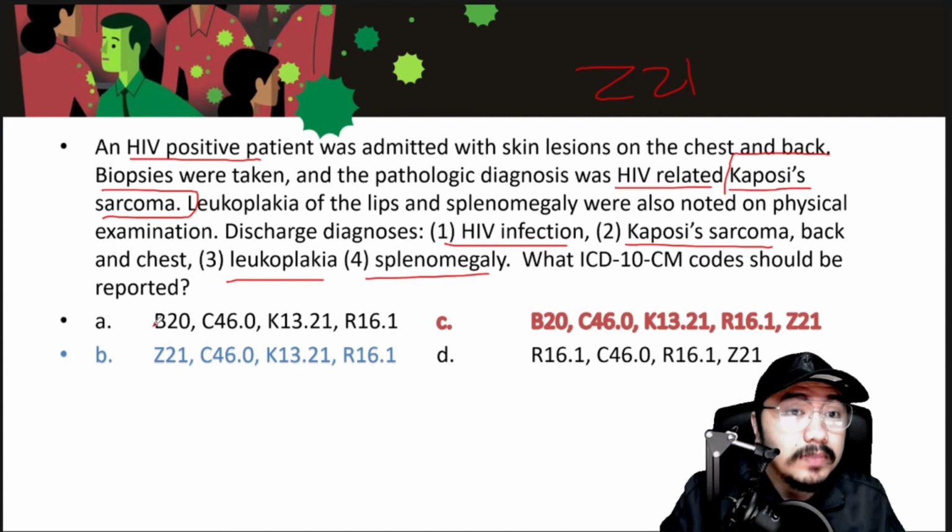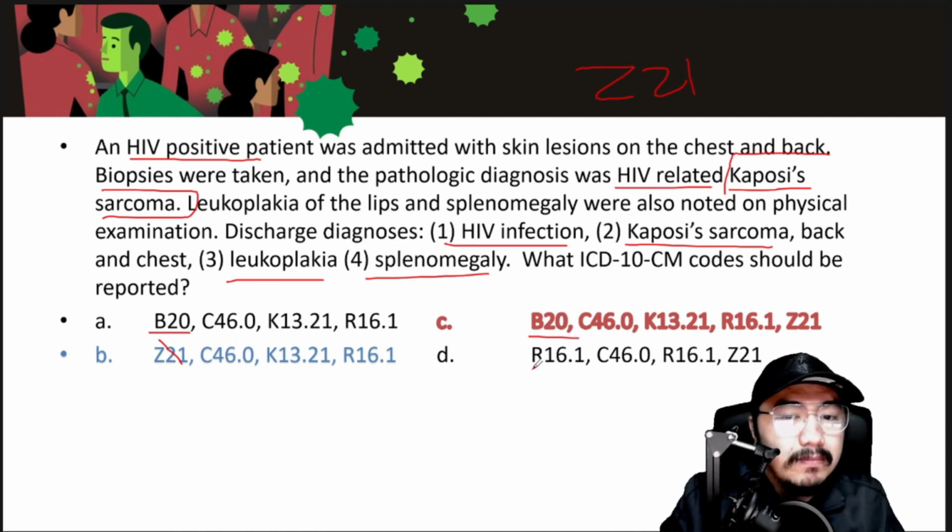Letter A shows B20. Letter B shows Z21. Eliminate that one, because we will not be coding Z21 for an HIV related illness. B20 here, so we will stay with letter C.